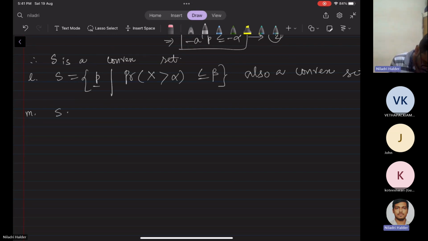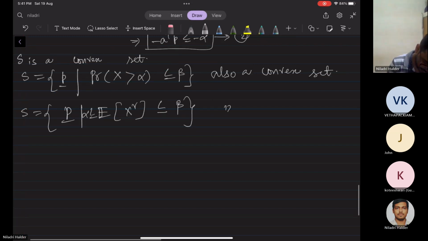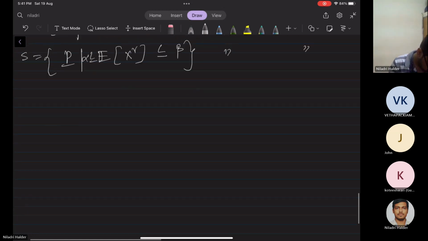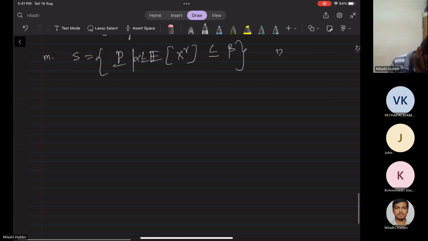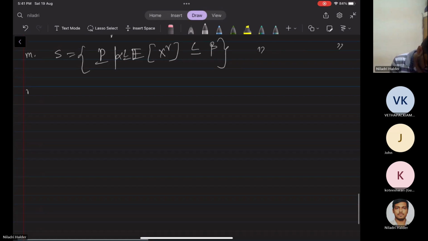And one more, this is also a convex set, the p such that the expectation of x square. So now all the properties are done.